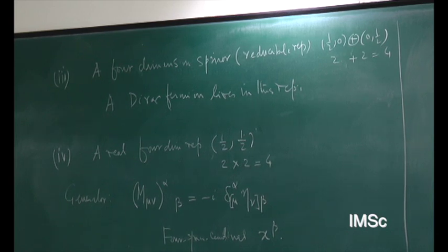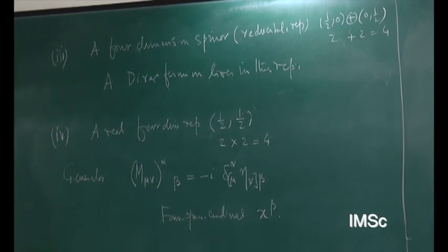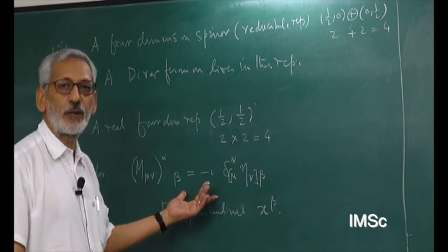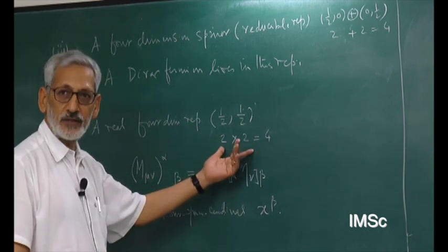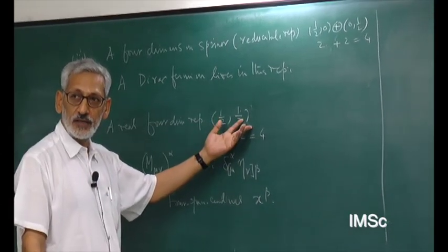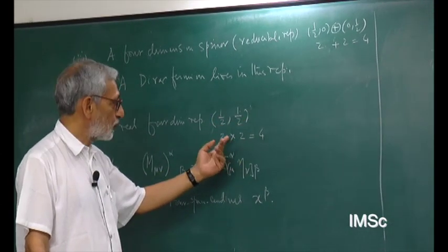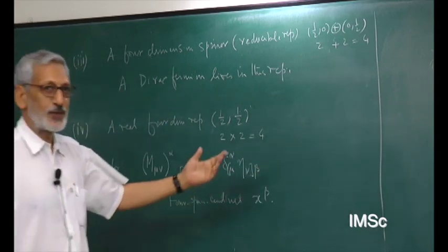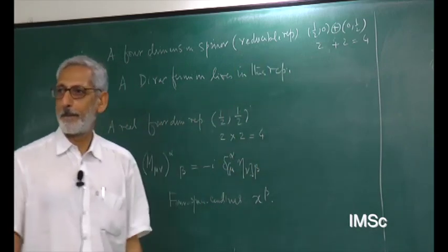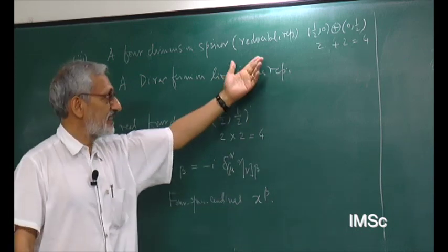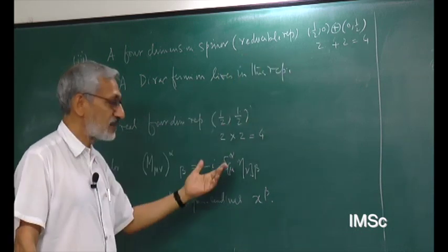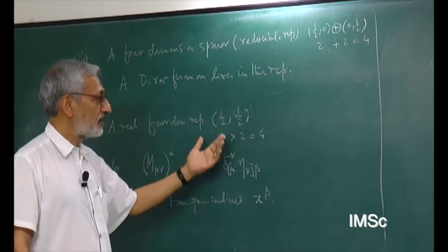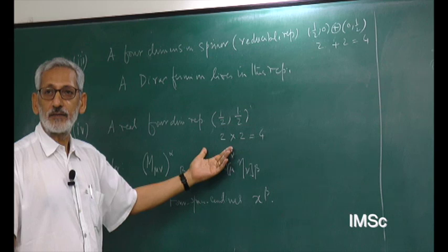So does momentum p beta. Any 4-vector is this representation, the vector representation, a 4-dimensional irreducible representation. Here is an example where 2 cross 2 is not the same as 2 plus 2, because this representation is not the same as this representation. This one is made up of 2 irreducible representations. This is an irreducible representation on its own. This is where the Dirac fermion lives. This is where space-time vectors live.